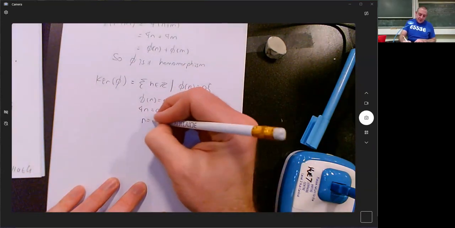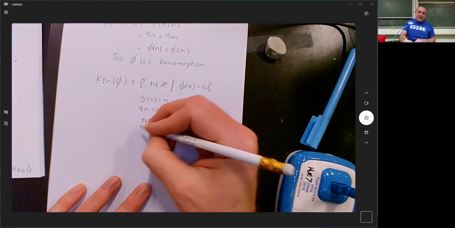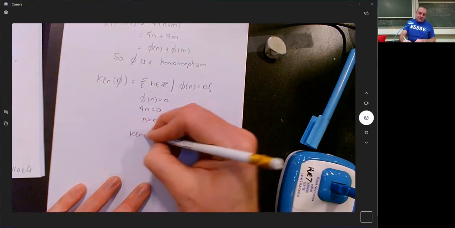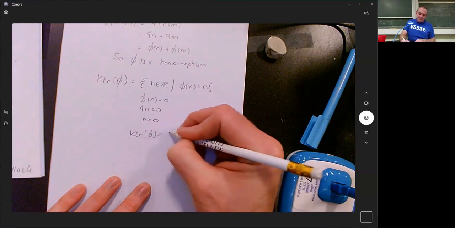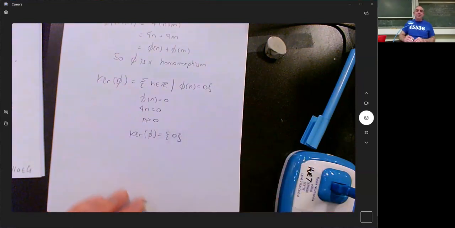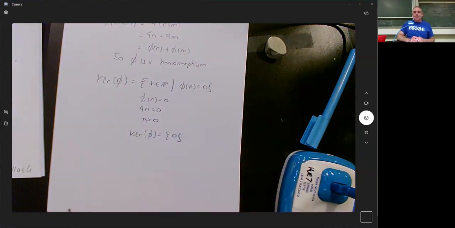And that means that n equals 0, which means that the kernel of phi is just 0, which is the trivial subgroup. It's definitely closed under the operation.